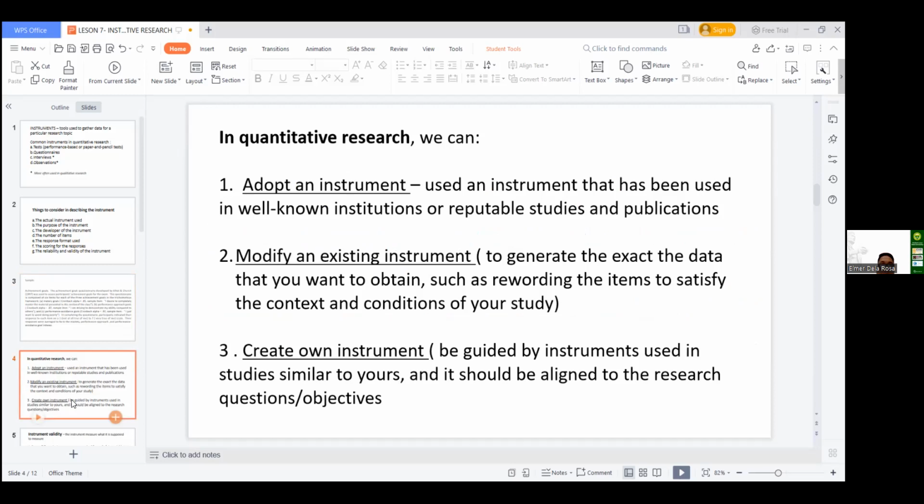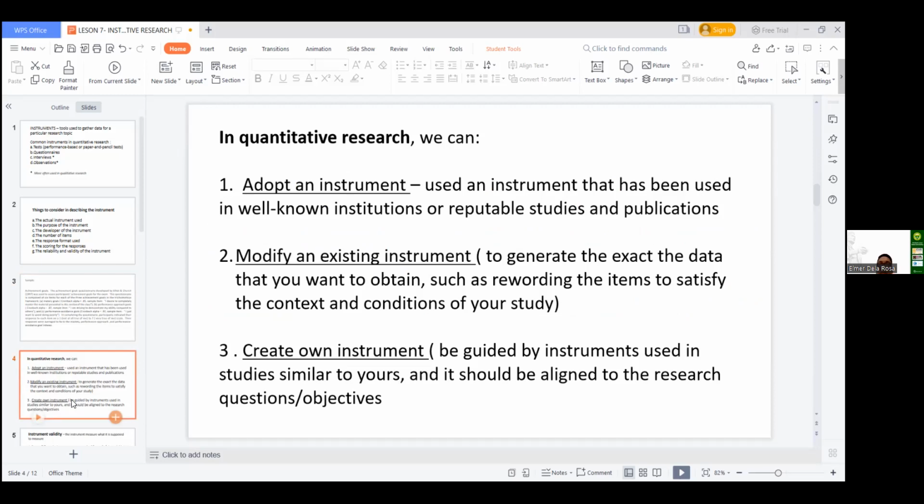Now, another way of doing it is instead of adaptation, or adaption rather, you modify an existing instrument because you believe that modifying it would best fit the conditions of your study. So, pwede mong i-modify to generate the exact data that you want to obtain, such as rewording the items to satisfy the context and conditions of your study.